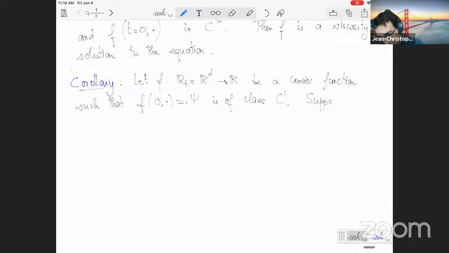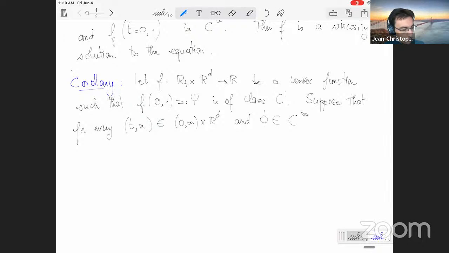And so the assumption I make is, as I said, so suppose that for every (t, x) in (0, infinity) times R^d and phi a smooth function, I'm not going to write the arguments, but it's defined on R plus times R^d. Okay, so touching from above, I always do my little drawing somewhere in the corner. So if f is like this and phi is like this, phi is touching from above.